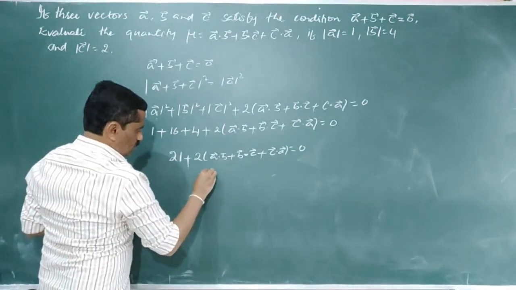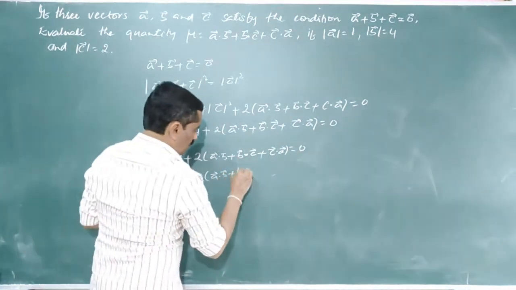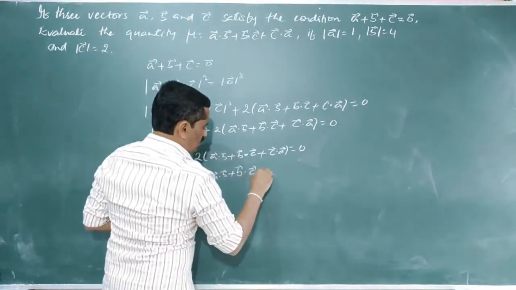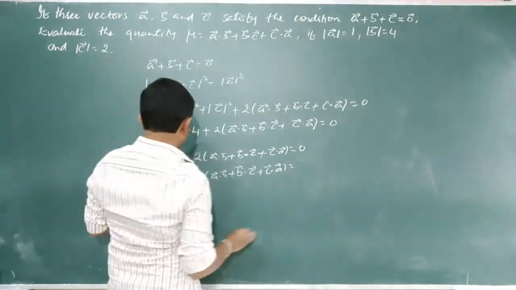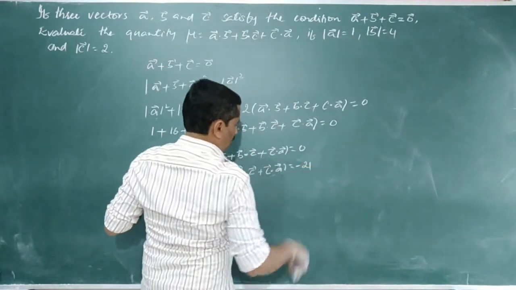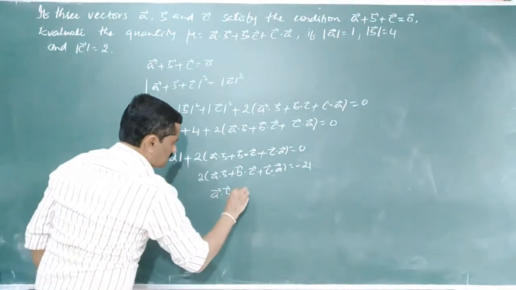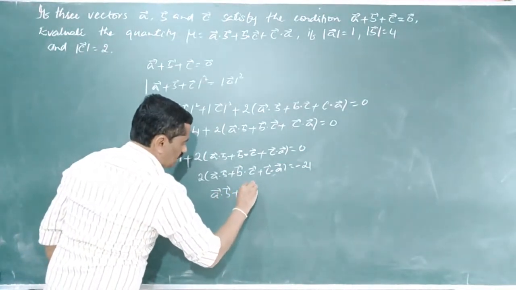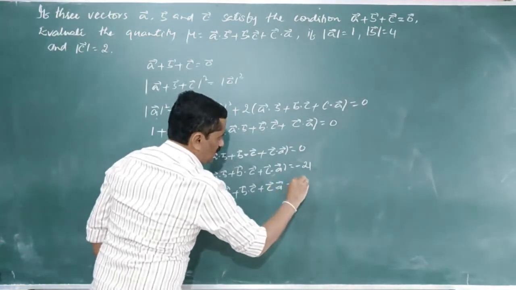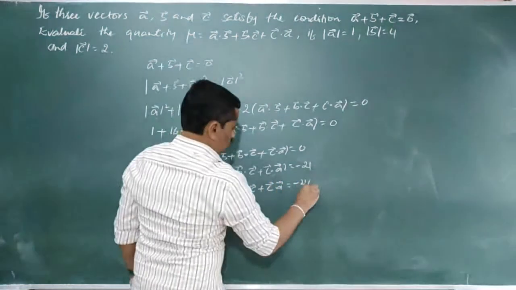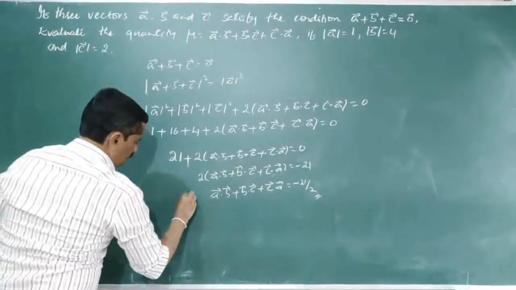Therefore 2 of a bar dot b bar plus b bar dot c bar plus c bar dot a bar is equal to minus 21. Therefore a bar dot b bar plus b bar dot c bar plus c bar dot a bar is equal to minus 21 divided by 2. So this is the value which is given by mu.